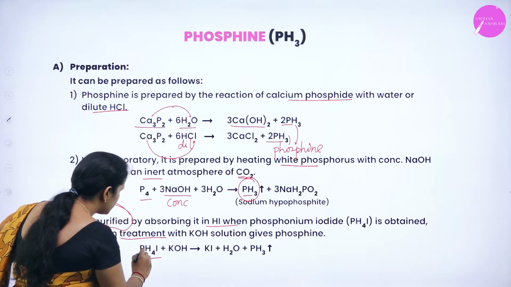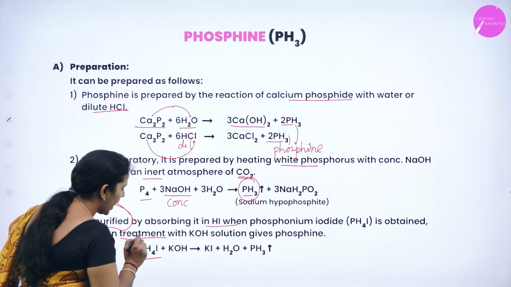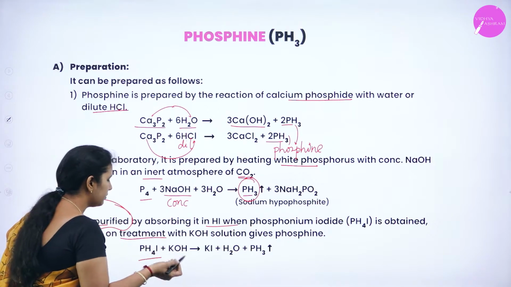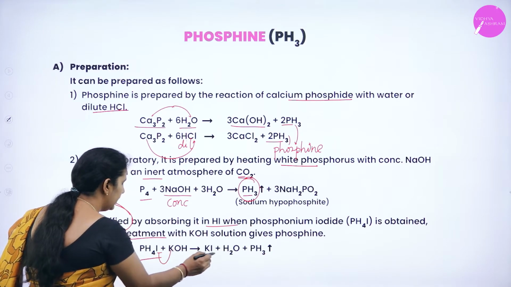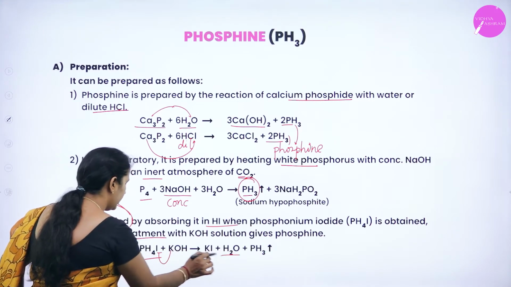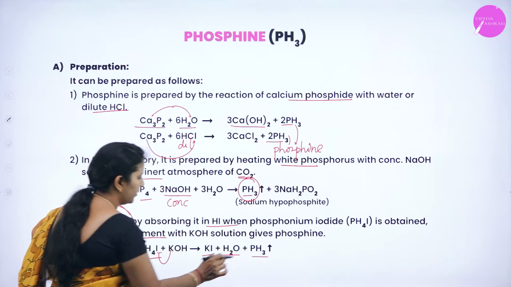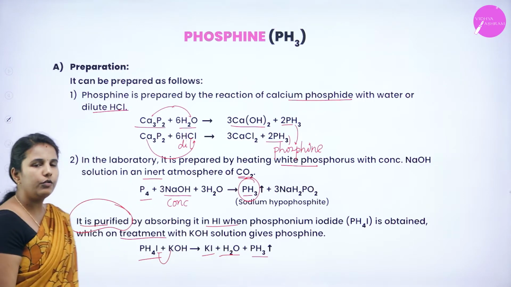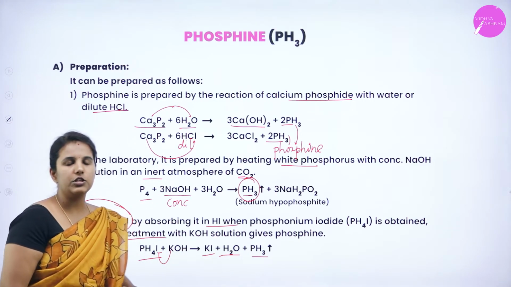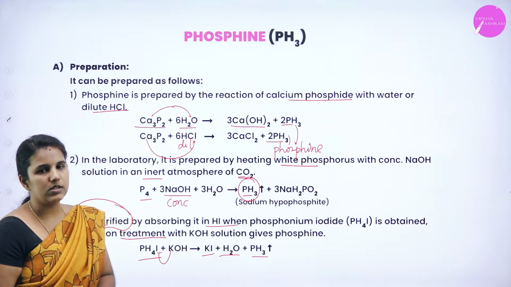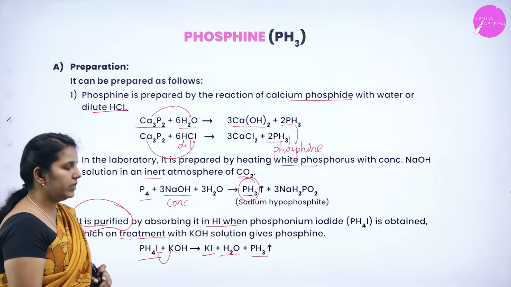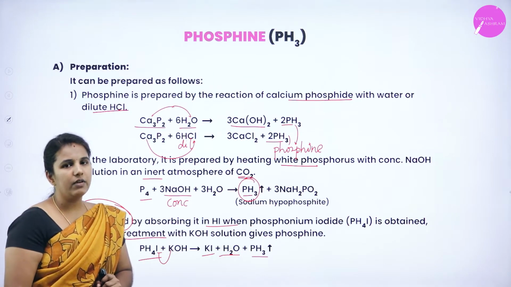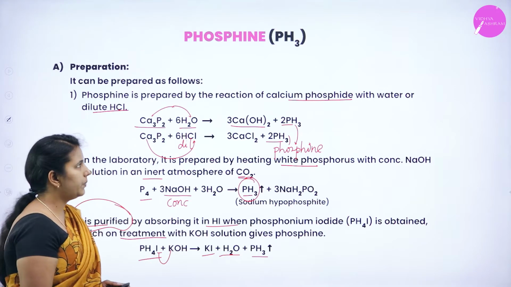This phosphonium iodide is allowed to react with KOH, potassium hydroxide, and it forms potassium iodide with the formation of a water molecule, and also phosphine. So this is a purified form of phosphine prepared using phosphonium iodide. Hope you all understood the three different methods by which we prepare phosphine.